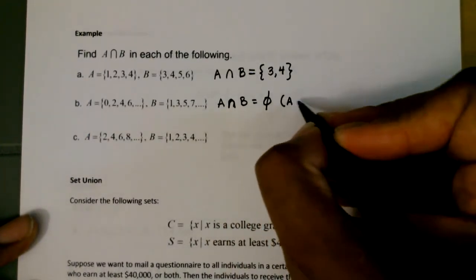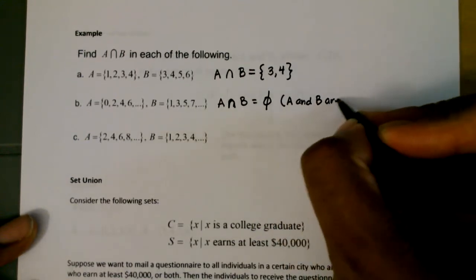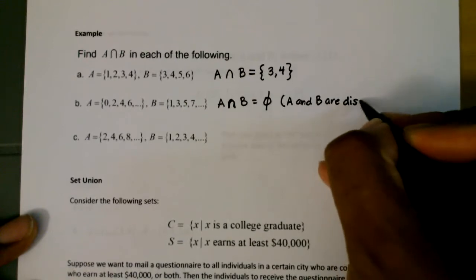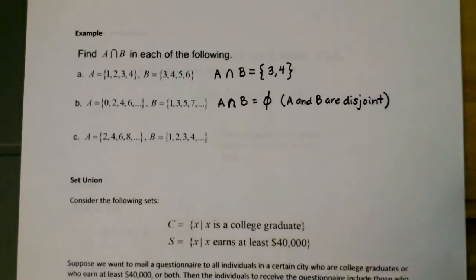Another way to think of this is that A and B are what are called disjoint sets, meaning what's in A is not in B and what's in B is not in A.